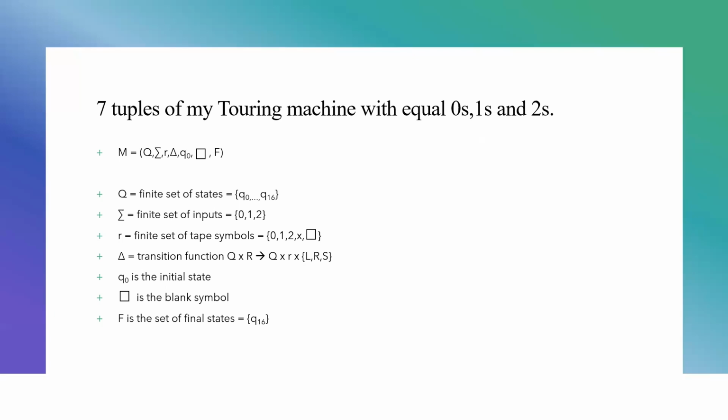Gamma is the finite set of tape symbols, 0, 1, 2, X, blank space. Delta is the transition function, which is what's going to move our read-write head. Q0 is the initial state, and we have the blank symbol. And F is the set of final states, and my machine only has one final state.